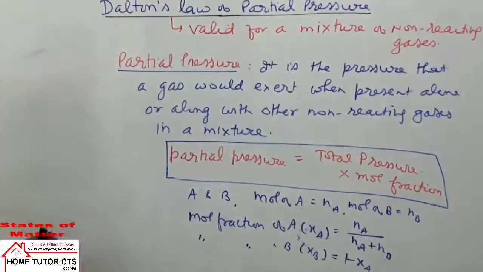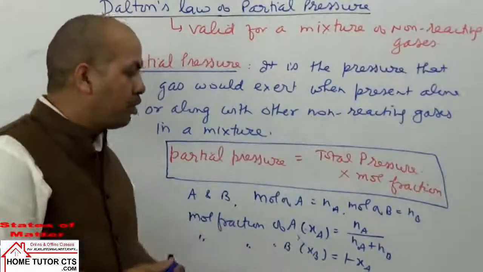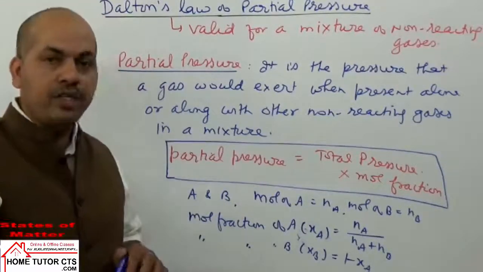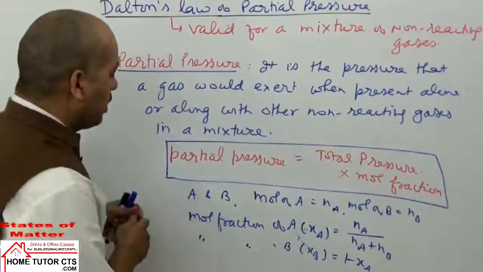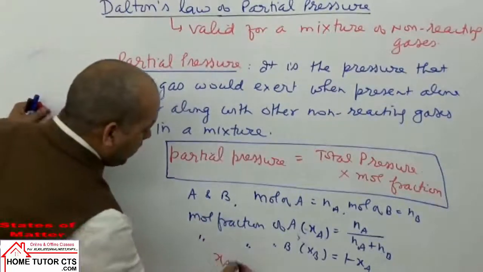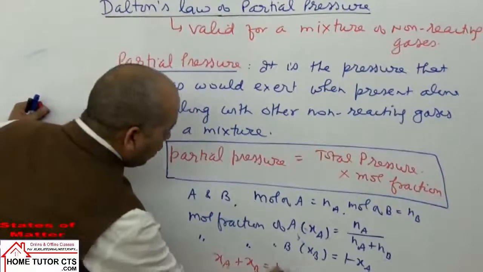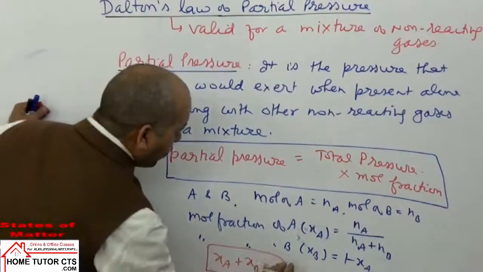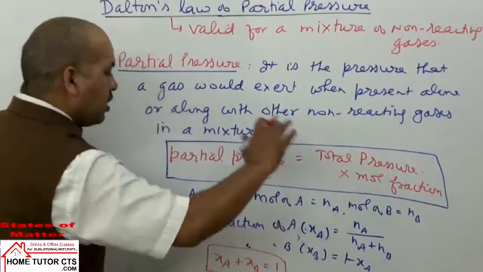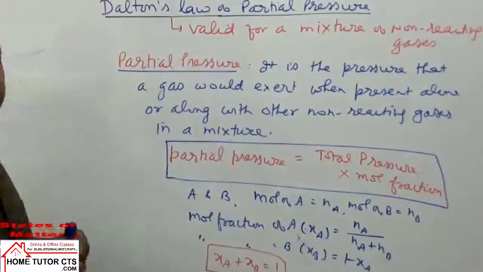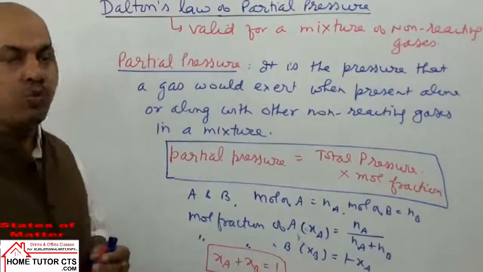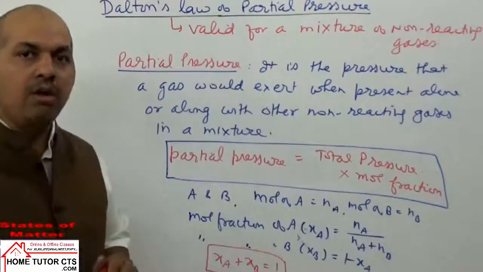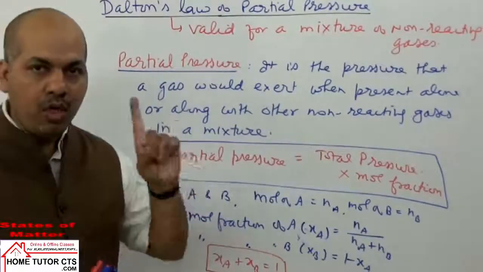Meaning what? The sum total of mole fractions of both gases in this mixture is equal to 1. Xa plus Xb is equal to 1. If you take more gases, the sum total of the mole fractions of all the components will be equal to 1.